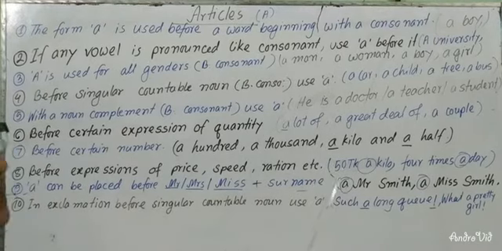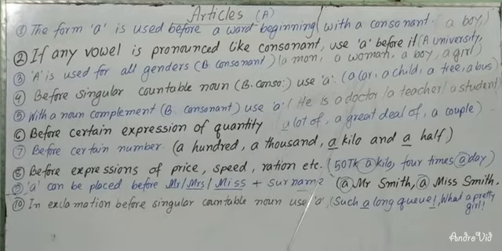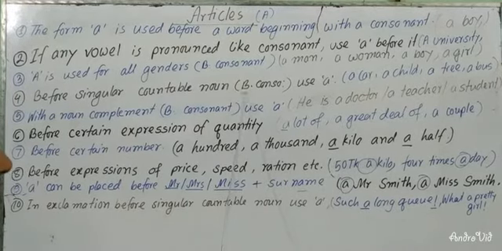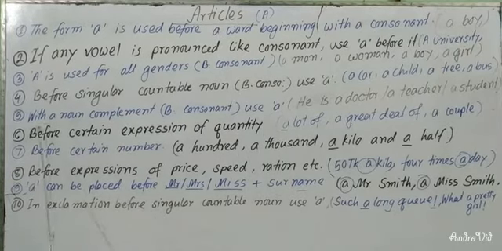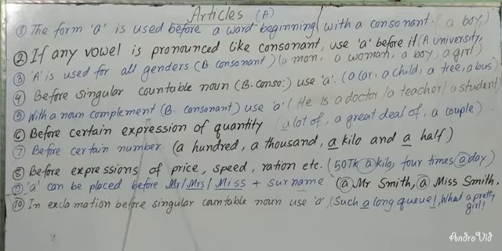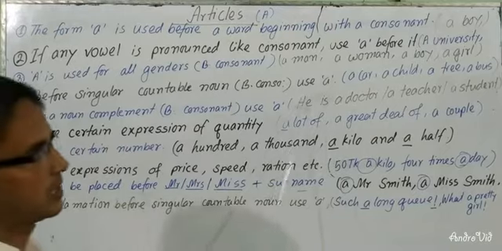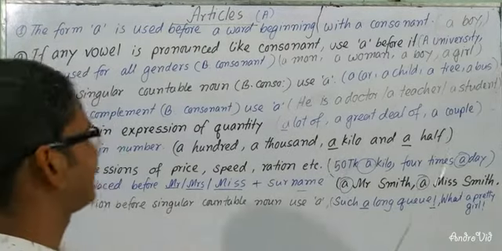If it begins with a consonant, before a singular countable noun, you will have to use article a, like tea, chai, car, bus. With noun complements, you will have to use article a, such as professions: a doctor, he is a teacher, he is a student.